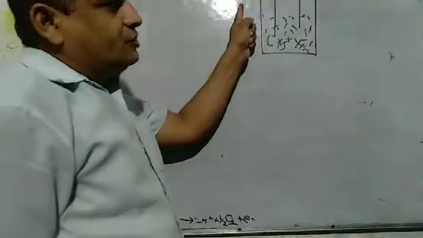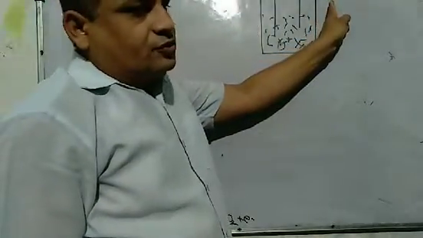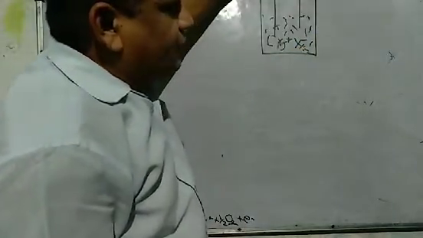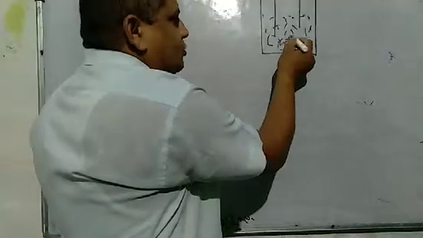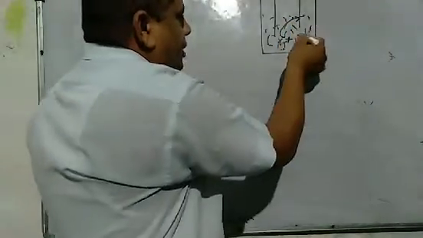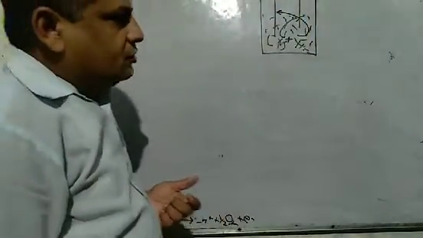Anode, the electrode at which oxidation takes place. Cathode, the electrode at which reduction takes place. When electric current is supplied in the electrolyte, the cations move toward the cathode and anions move toward the anode and get discharged.